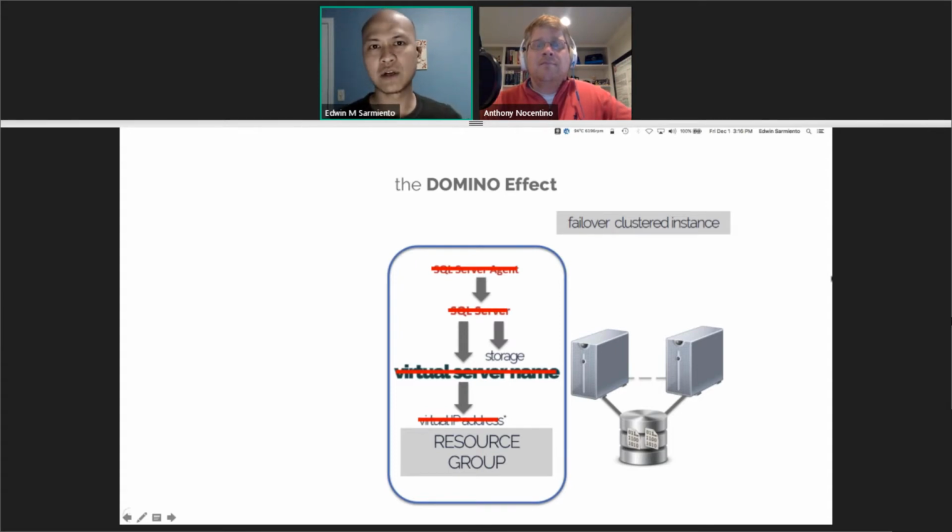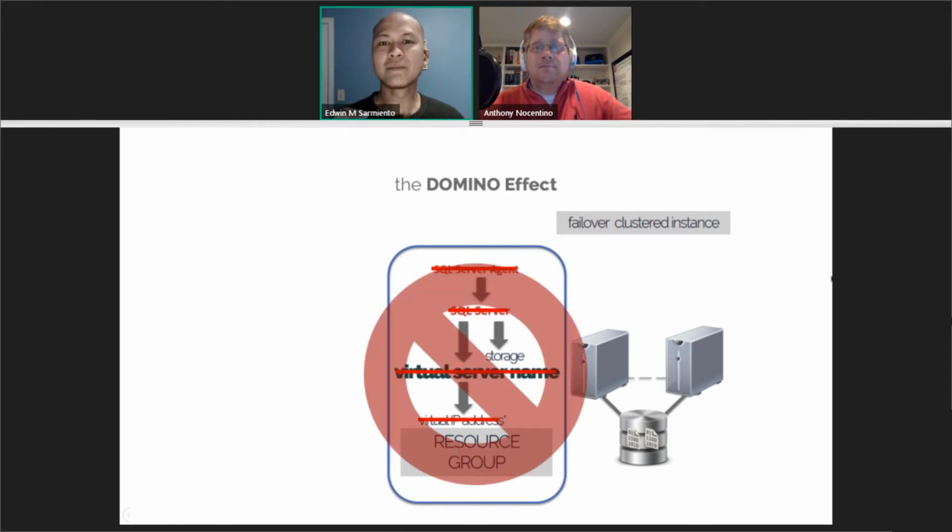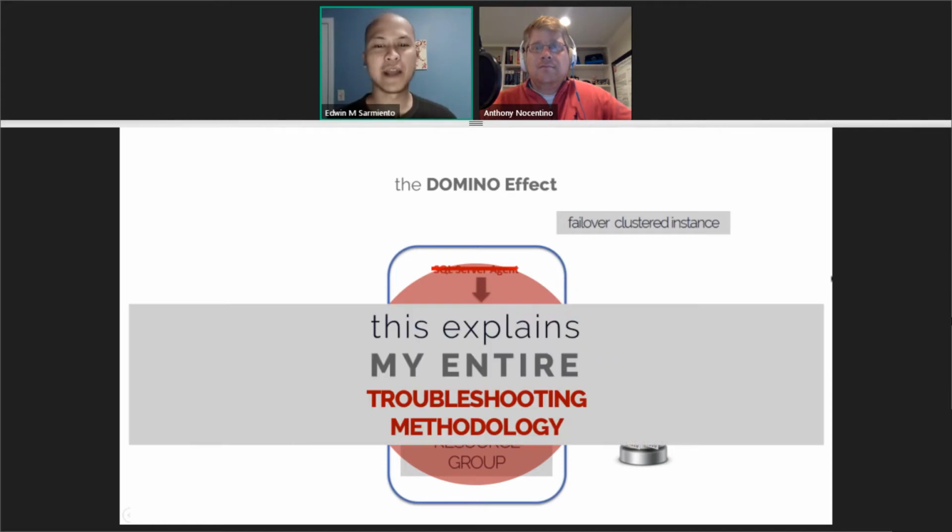But because of the concept behind resource groups, if the virtual IP address becomes unavailable, it will take everything down with it. And like I said, this forms the foundation of my entire troubleshooting methodology.